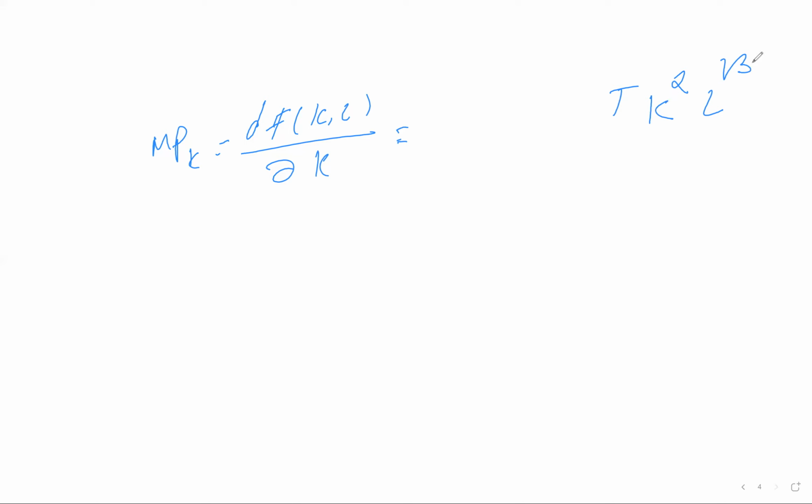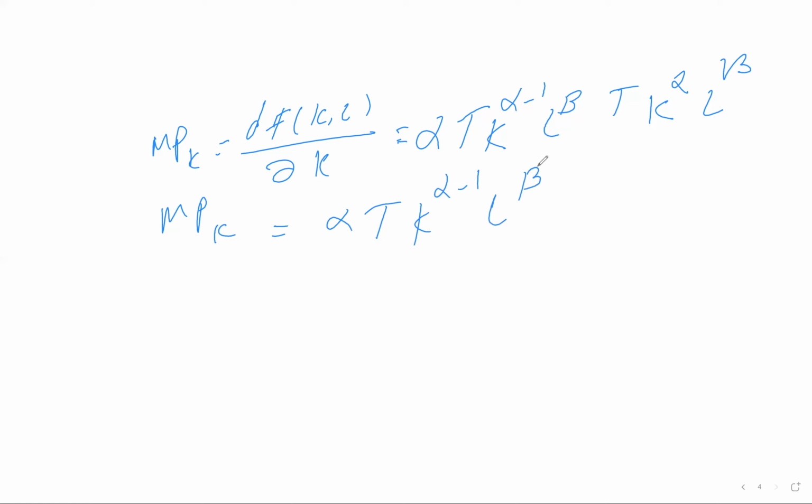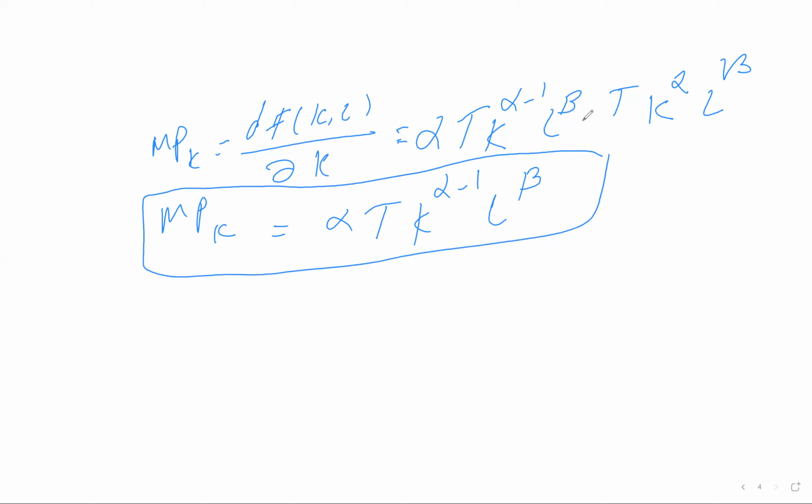By taking the derivative with respect to K, alpha comes down, and the exponent becomes alpha minus 1. So the marginal product of capital is equal to alpha T K to the alpha minus 1 L to the beta. That's your answer for the marginal product of capital.